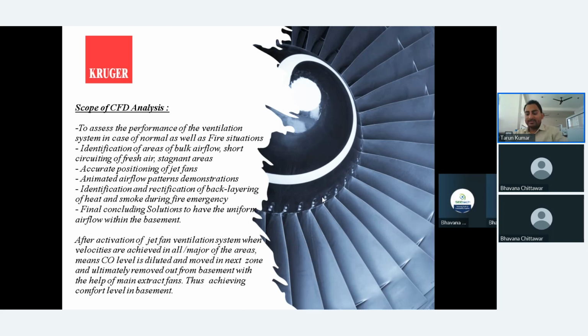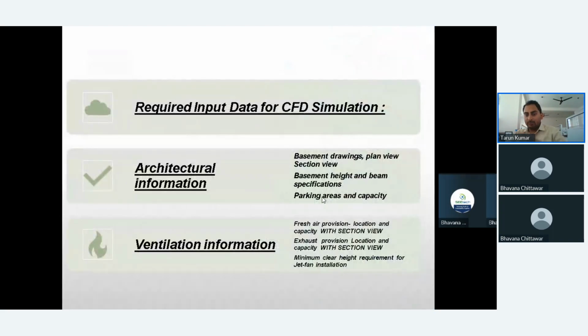For doing the CFD analysis, some basic requirements and architectural information are needed. What is the basement size? What are the plan view and sectional view of the site? What is the height of the basement? Where are the beams? Where is the parking area, and what is its capacity? This basic data is required for the CFD analysis.